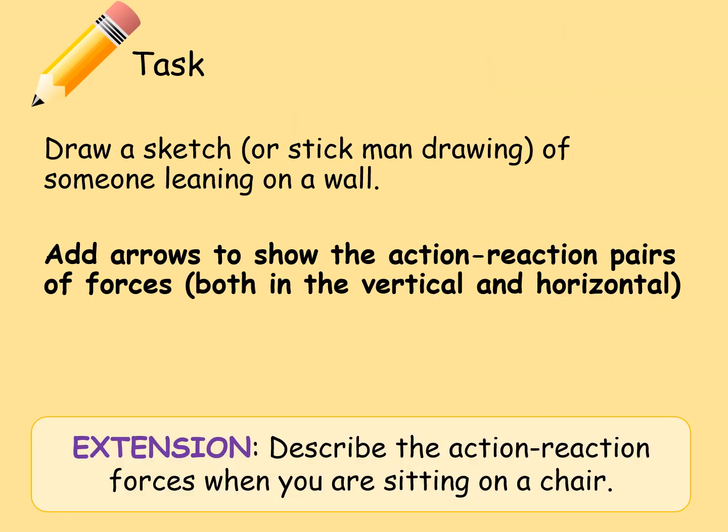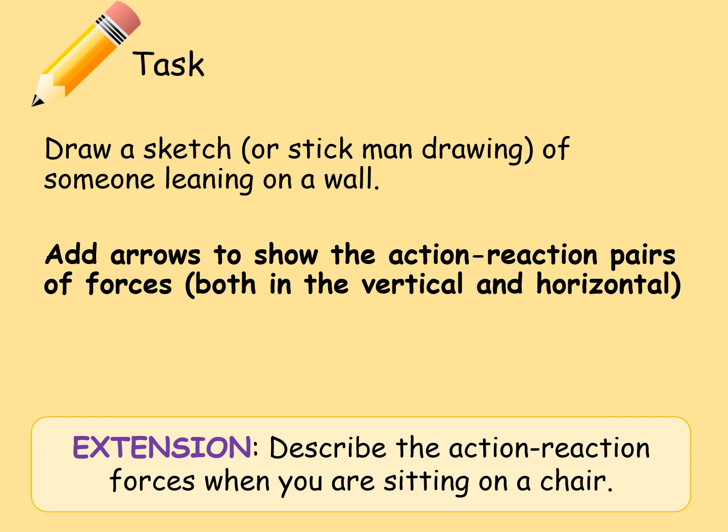Okay, cast your mind back to my amazing photorealistic drawing of Bob, and I'd like you to do a similar drawing, probably not as good as mine, obviously, but draw a sketch, or a stick man if you have to, of someone leaning on a wall. Now I want you to add arrows to show the action-reaction pairs of forces, both in the vertical, that's up and down, and horizontal, that's left and right.